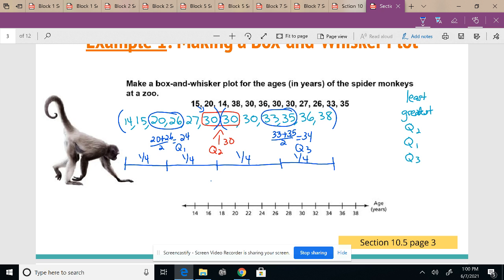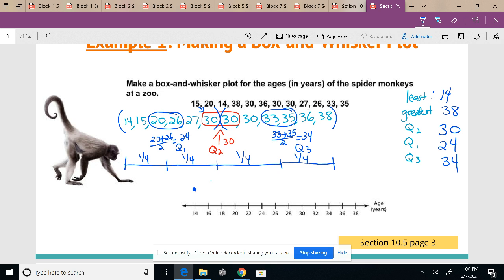So let's do our least. Our least is 14. Our greatest is 38. Quartile 2 is 30. Quartile 1 is 24. And quartile 3 is 34. And all I'm going to do is go on my number line below, and I'm just going to put a dot right above each of those.